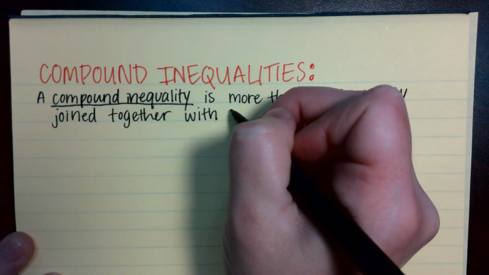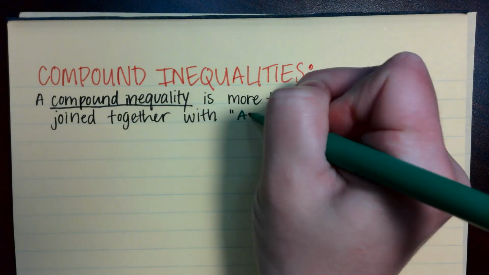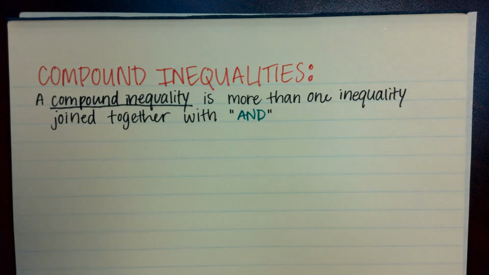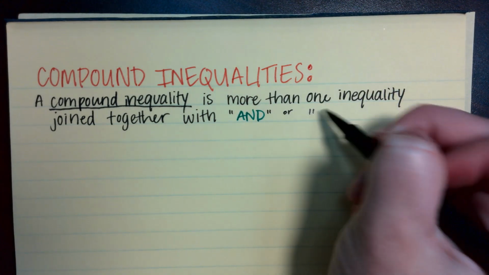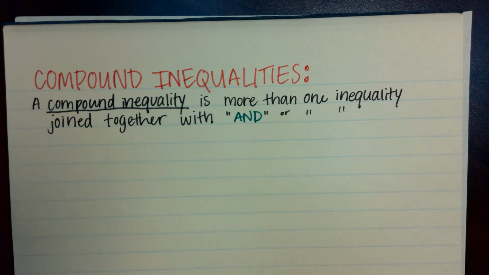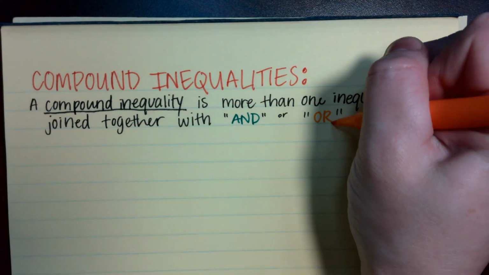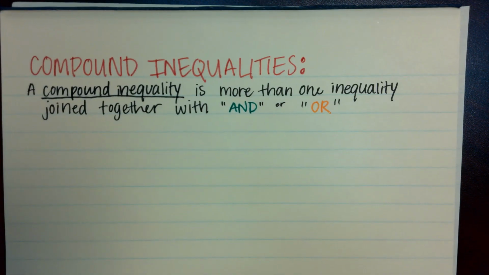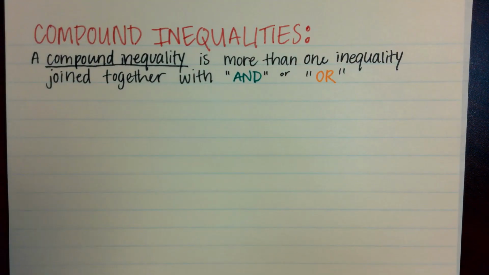It'll be with the word and, or with the word or. So we have and inequalities and we have or inequalities. I'm going to show you what both of those are going to look like.